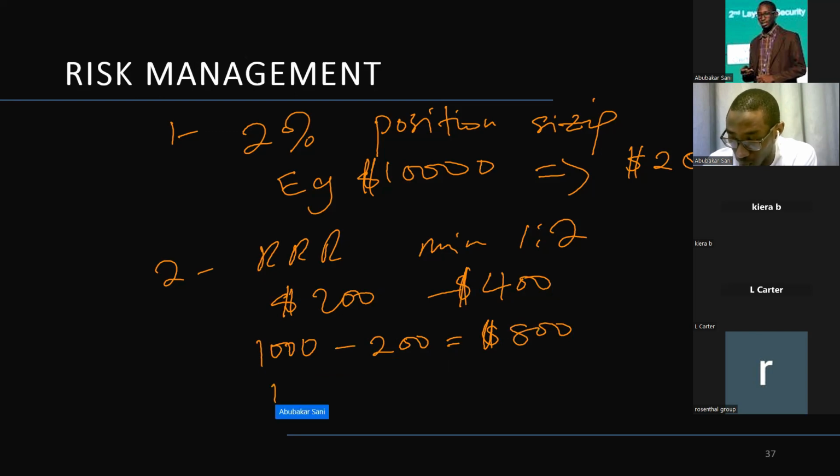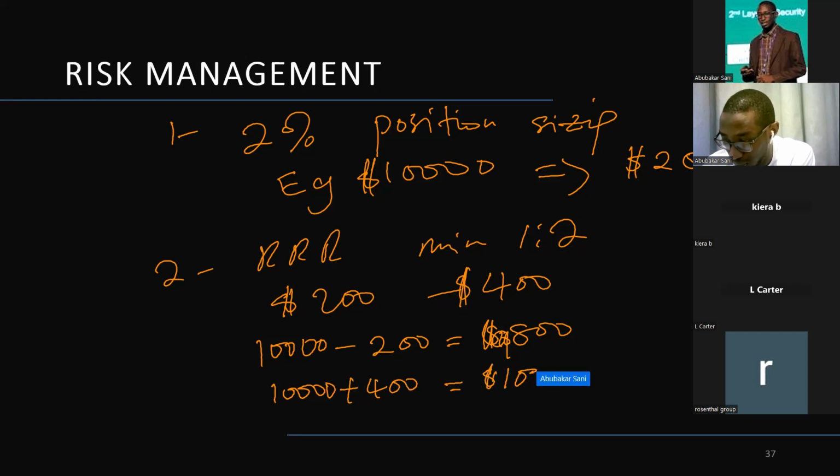And if I'm right, I get the 400 profit I'm hoping for, meaning my account balance after this is going to be 10,400. So this is my plan.